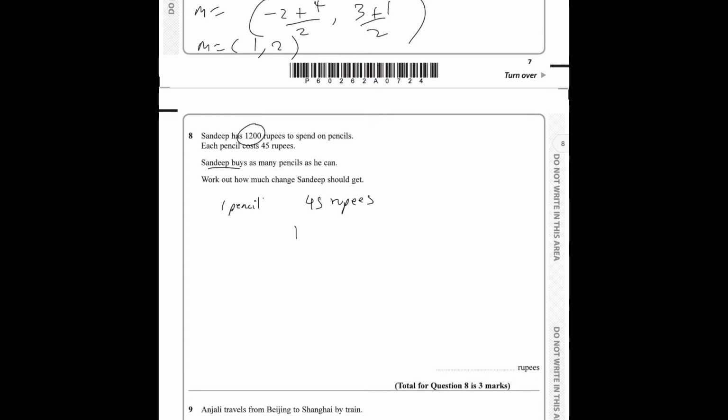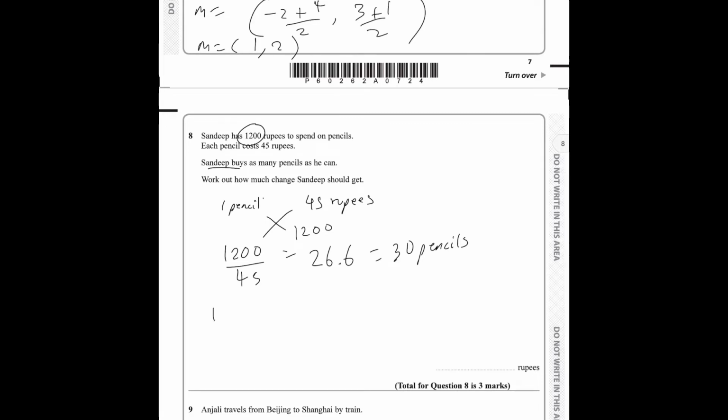He has only 1,200 rupees, so you're going to do 1,200 rupees divided by 45 to find out how many pencils he can buy at maximum. He can buy about 26.6, so that's about 30 pencils being seen here.